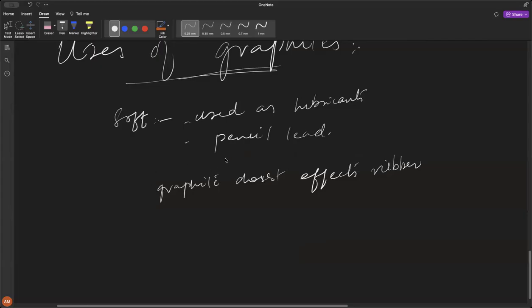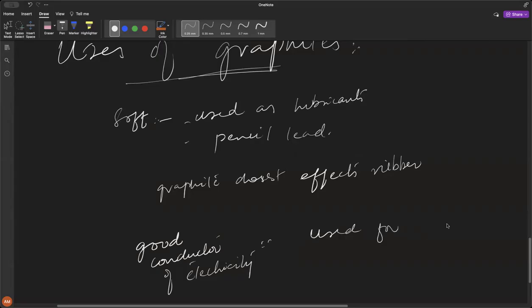They can be used in pencils. Good conductor of electricity. For this, they are soft, so they can be used as brushes for electric motors.